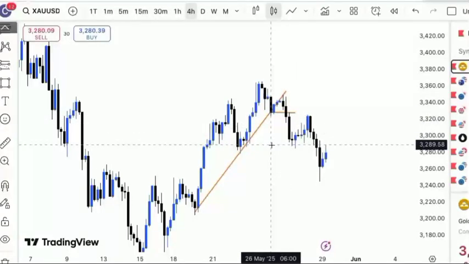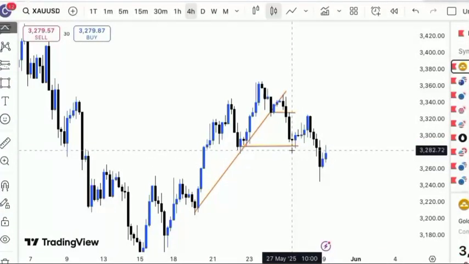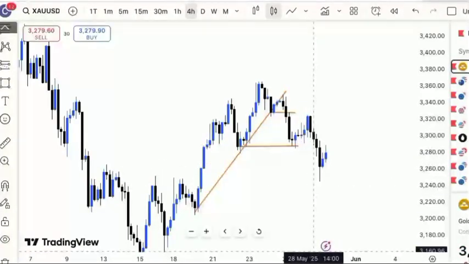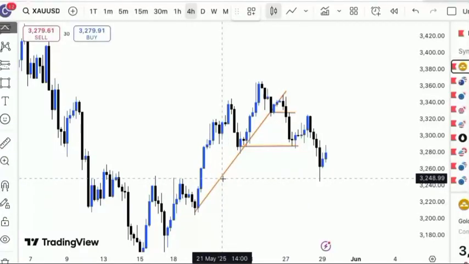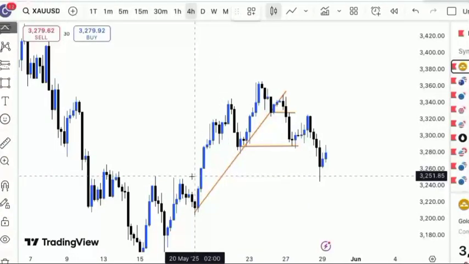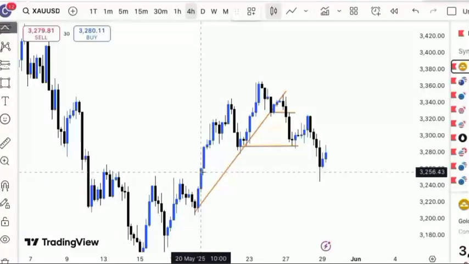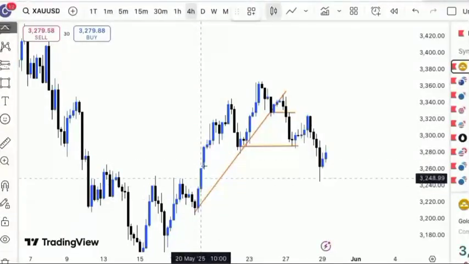Your first take profit should be here, on the body. Remember, we're using the body, not the wick. Then the second take profit will be on the fair value gap. You see there's a fair value gap here, from here to here, the three candles apart.